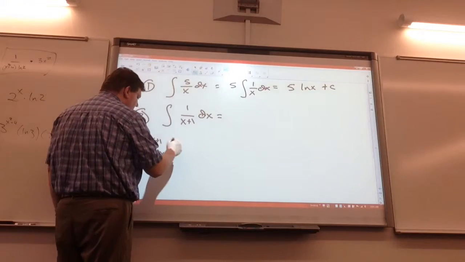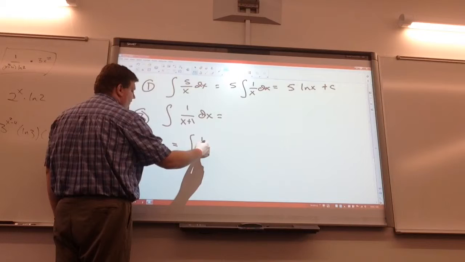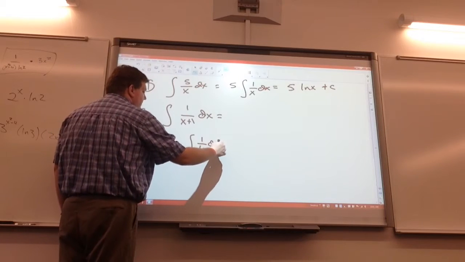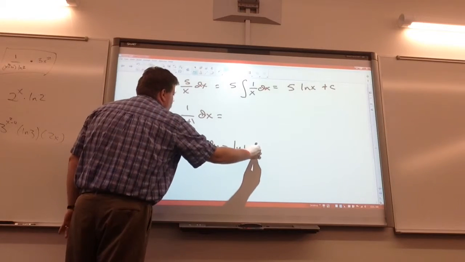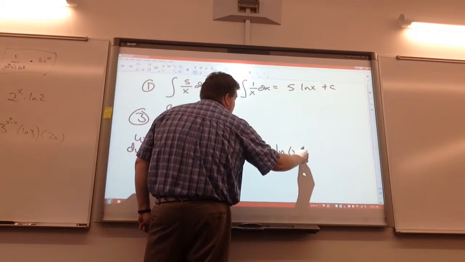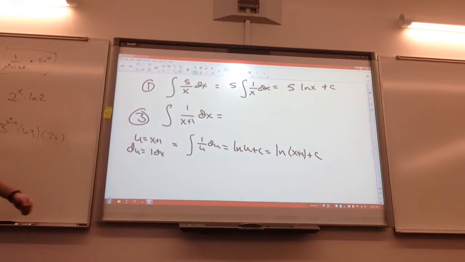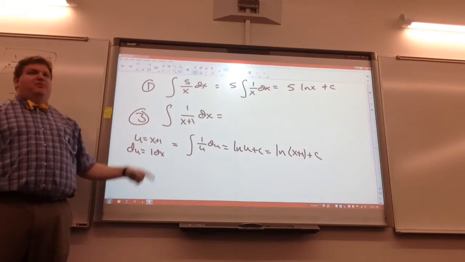So this comes out to be the integral of 1 over u du, which is the natural log of u plus c, which when we substitute back in comes out to the answer you gave us. The du is basically just dx. I ended up doing substitution, which is technically what you're supposed to do there, because the bottom here isn't x, it's x plus 1.